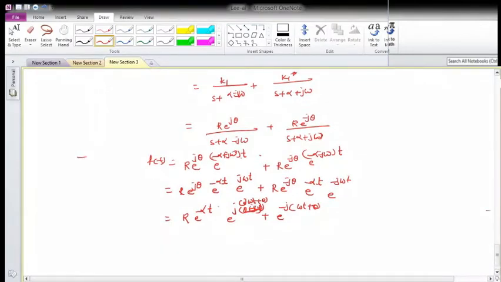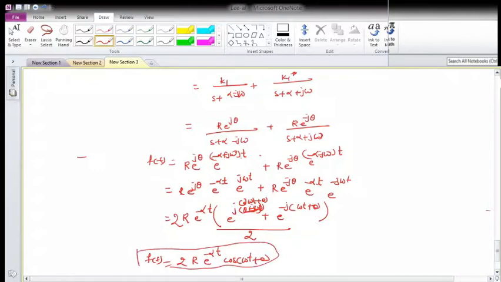If you apply Euler's identity, it will be 2 times r e raised to minus alpha t into cosine of omega t plus theta. This is the simplest form you can write.